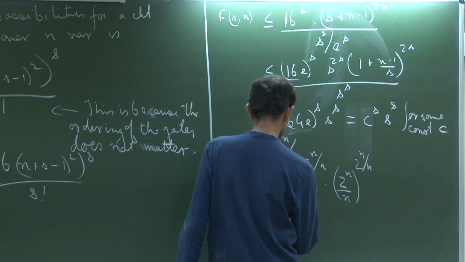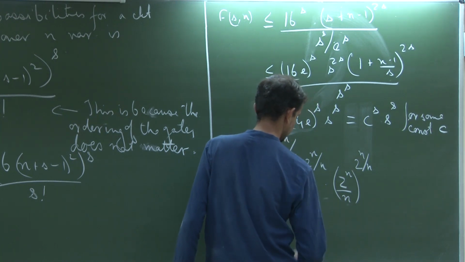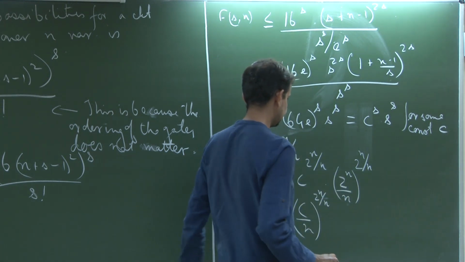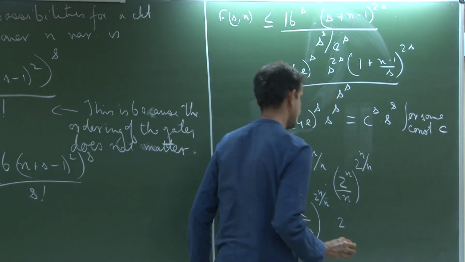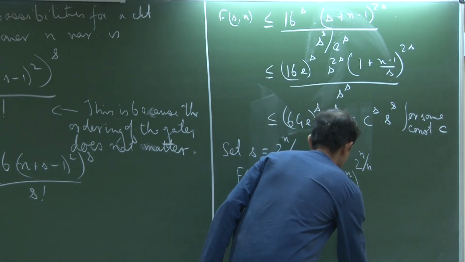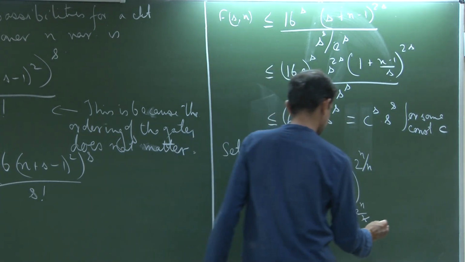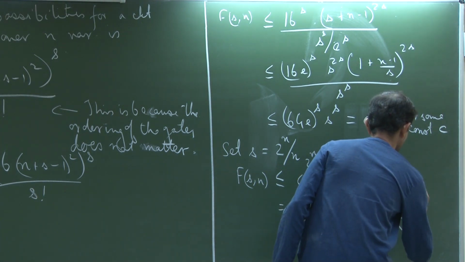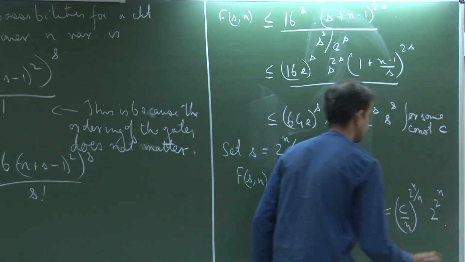So, this becomes equal to (c by n), I take this n outside, (c by n) to the power 2 to the power n by n, times 2 to the power n times 2 to the power n by n. So, this n and n cancels out. So, we get (c by n) to the power 2 to the power n by n times 2 to the power n.